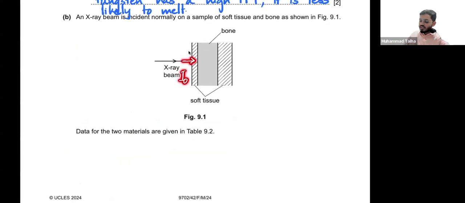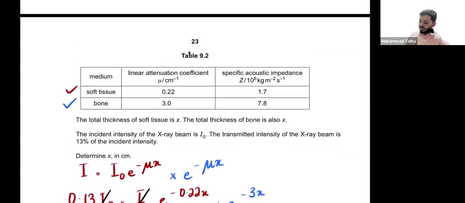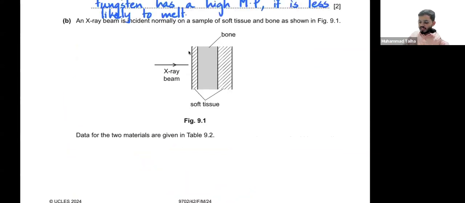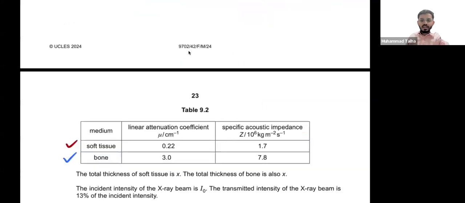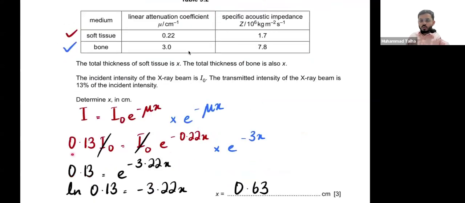They say that the transmitted intensity, the one right at the end, is 13%, right? So if I call this I, I use the exponential decay equation for attenuation as well, which is that I equals I naught e to the negative mu x. Because this is 13%, I can say that my I is 0.13 times I naught.